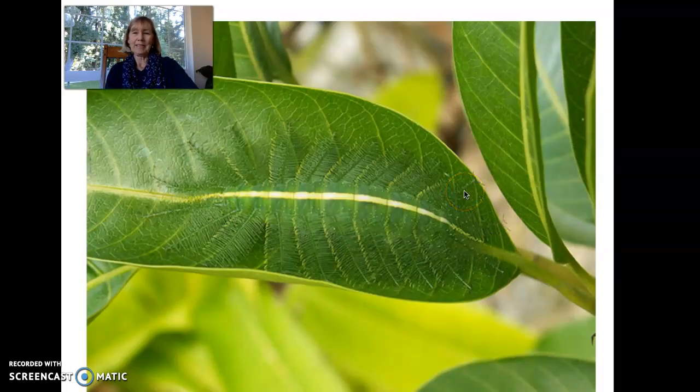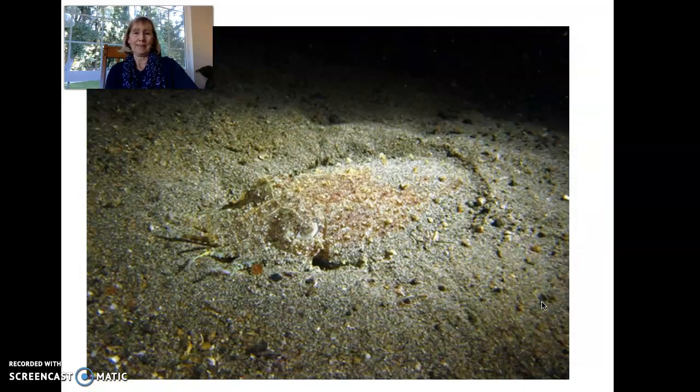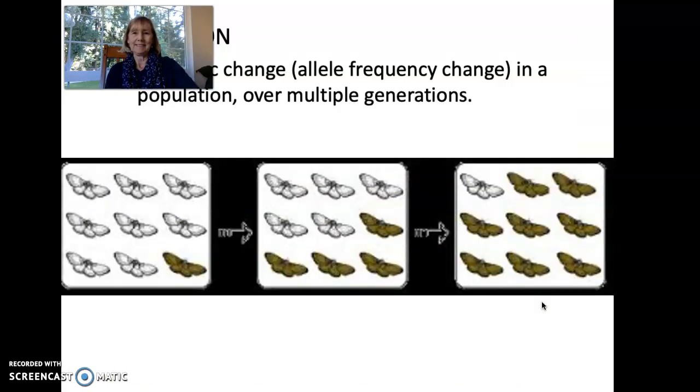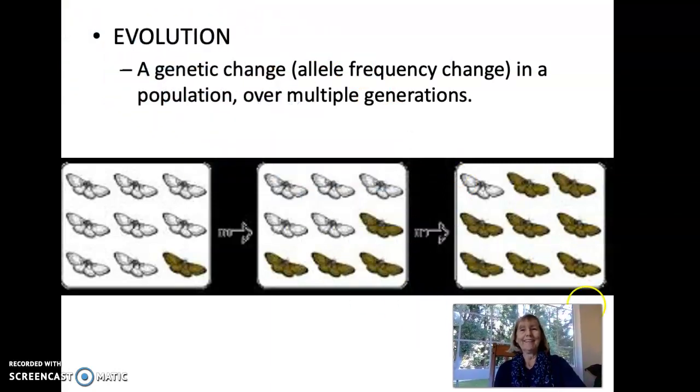Look at this insect, and it's got these appendages here. These are antennae. The head would be here, and it completely blends in with this leaf. Blending in the sand. And those are some examples of how you don't get eaten in nature.